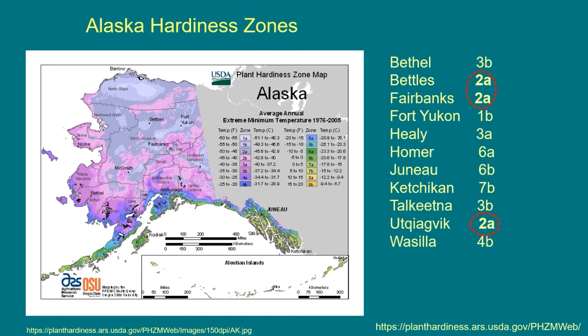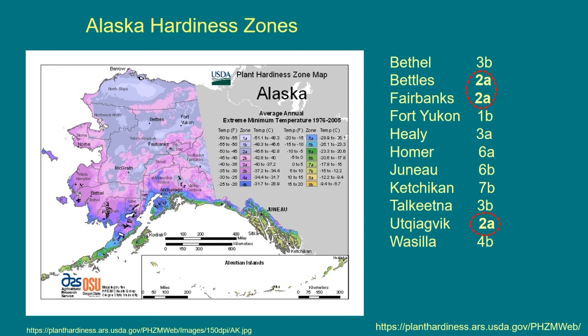With average minimum temperatures ranging from -60 degrees Fahrenheit to +20, Alaska has hardiness zones from 1A to 8B. If you choose specific locations on the USDA interactive map based on zip codes, the zones appear as illustrated in the sample list of town names. Even with this short list, it's evident that basing hardy plant lists solely on hardiness zones is inadequate.